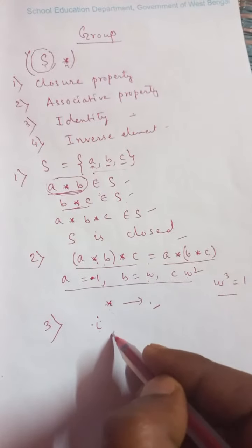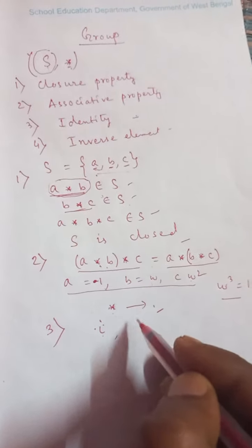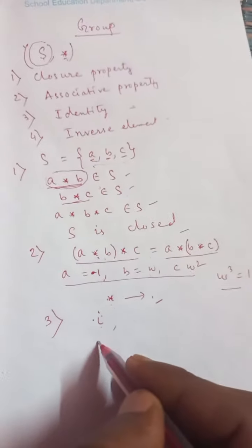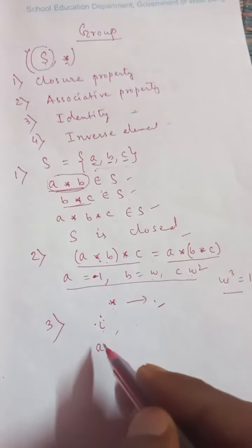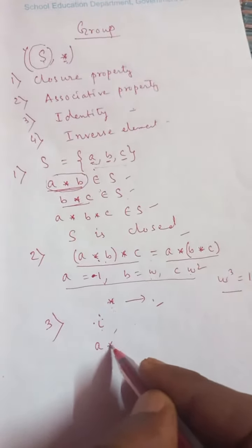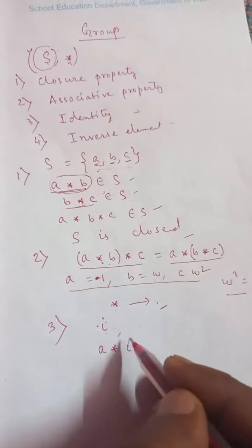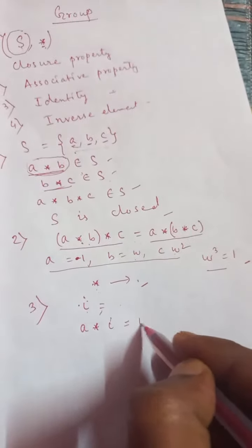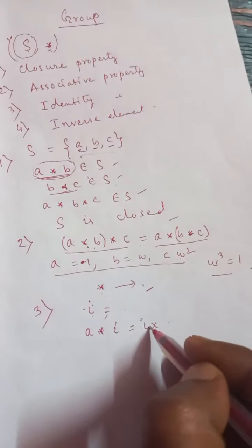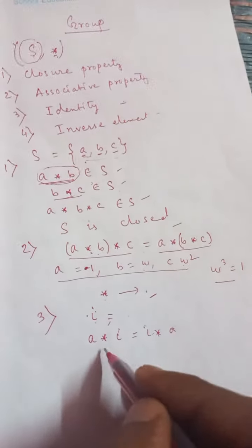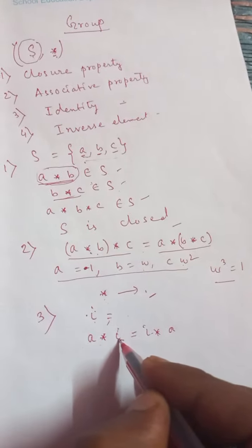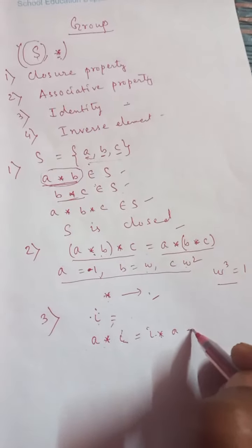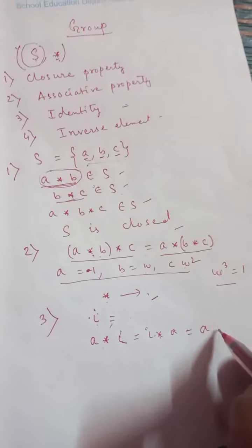Iota can be A, B or C, any element we don't know, such that for any element A from the set, the identity element iota satisfies iota star A equals A star iota equals A. That means the right-hand identity element and the left-hand identity element are equal, and we find the element E.